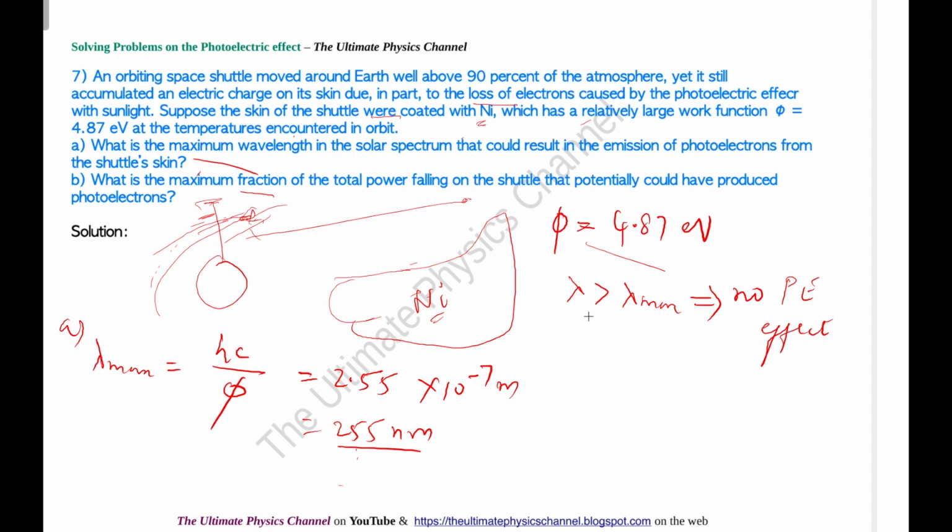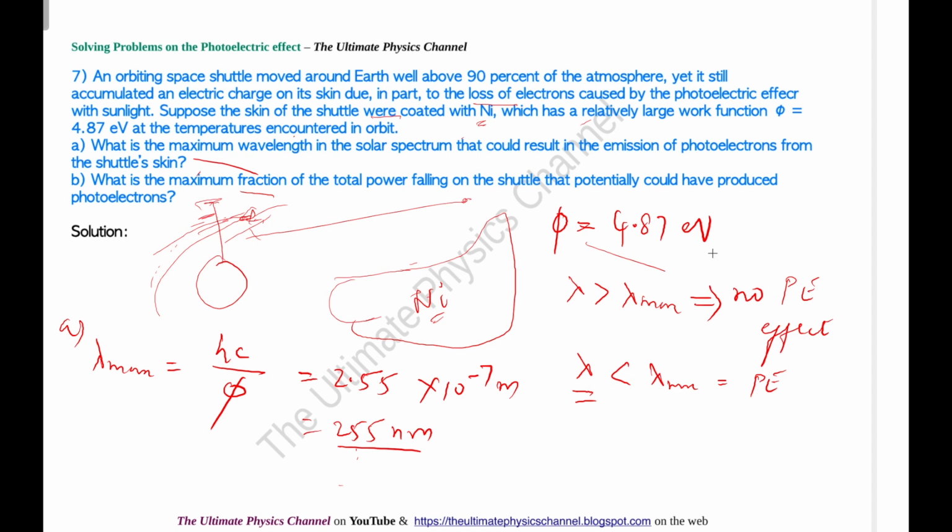So all the wavelengths less than lambda max would cause the photoelectric effect, right? It is that fraction of the sunlight having lambda less than lambda max that would cause the ejection of photoelectrons here.